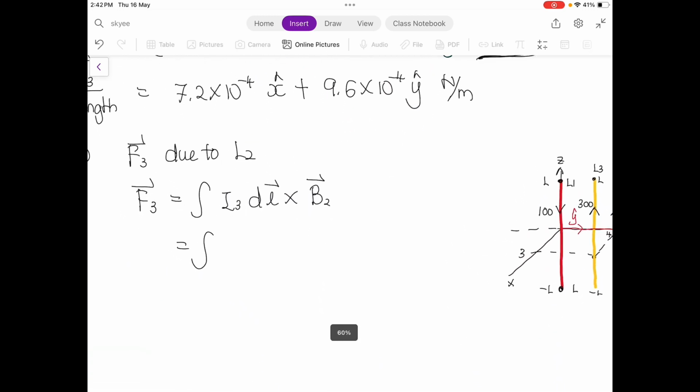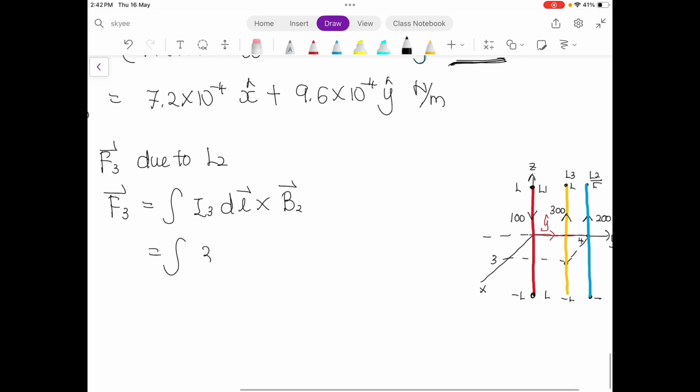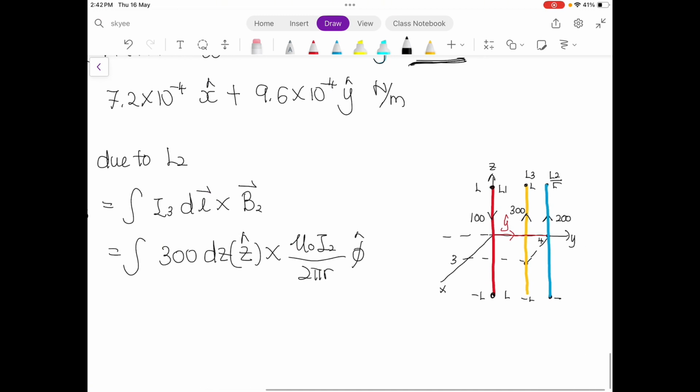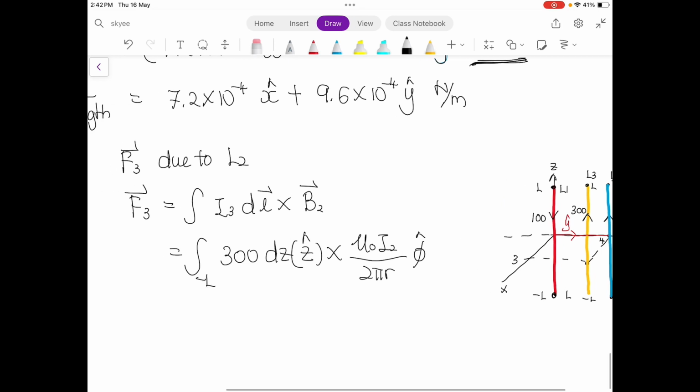So what is I3? The I3 is 300. This is I2, and the current is flowing from negative L to L.